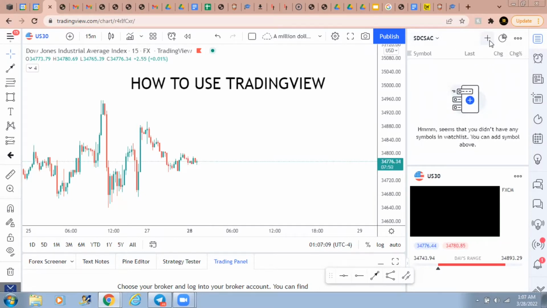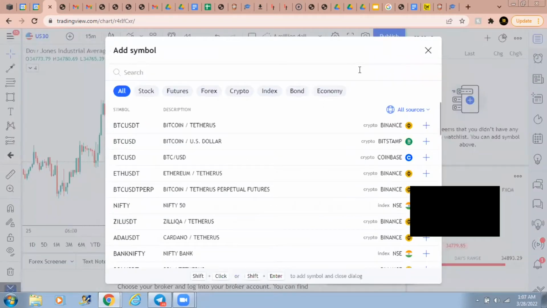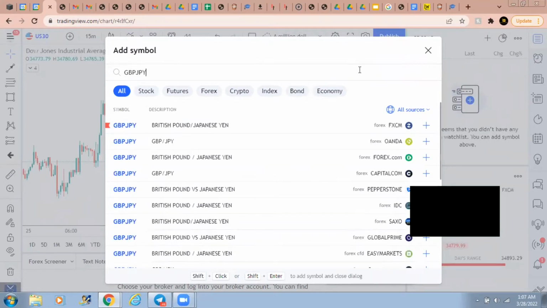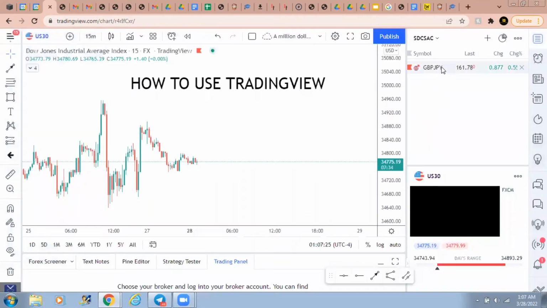You click this plus sign where it says add symbol, and you type in whatever pair you want to trade. Let's say you want to trade GBP JPY. You put GBP JPY on here, place it right there, click it, and you're good to go.